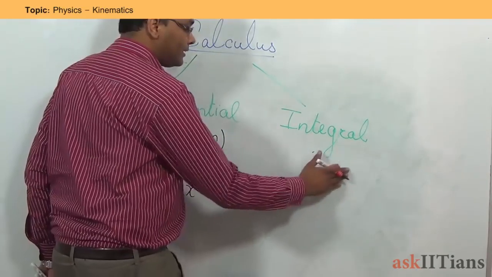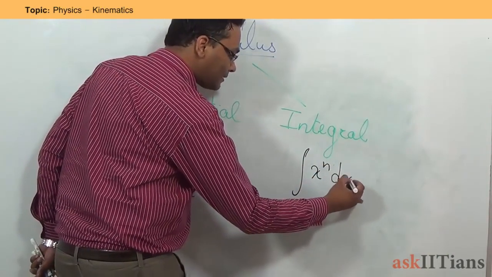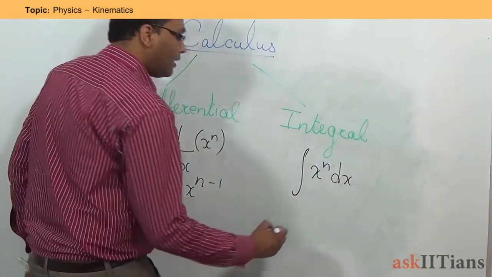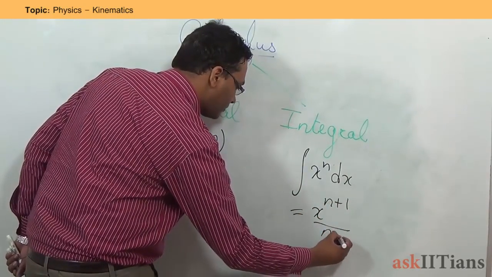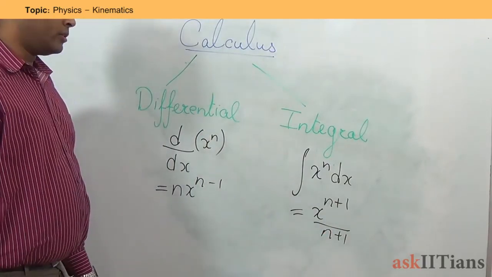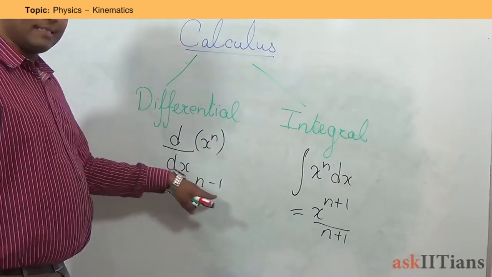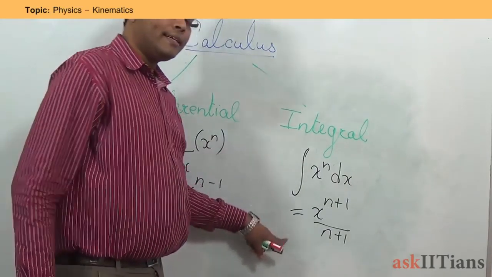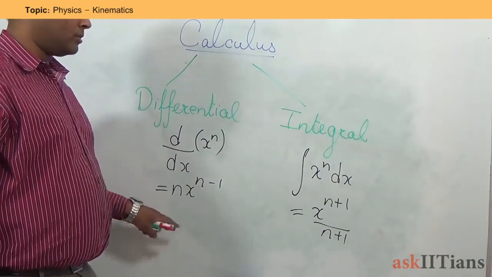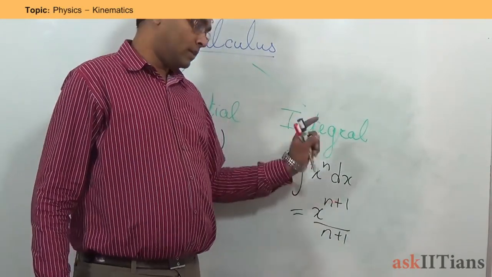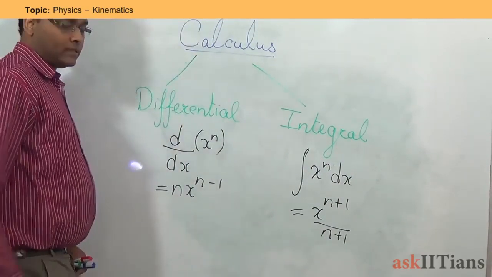Whereas when we talk about integration of x raised to the power n dx, this is going to be given by x raised to the power n plus 1 divided by n plus 1. Okay? So this is the subtle difference. Here you are differentiating, so the power is decreasing by 1. Here when you are integrating, the power is increasing by 1. Here the power comes out, here the power comes down. This is the basic difference. Just take a note of these two formulae. We'll now be utilizing these two formulae.